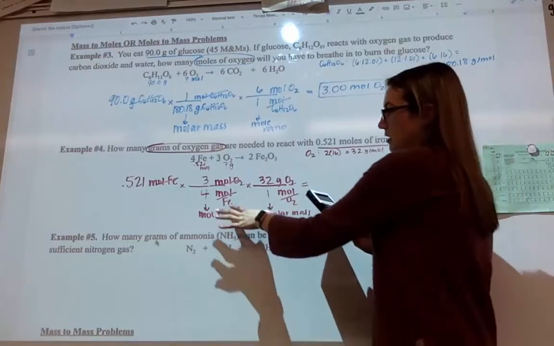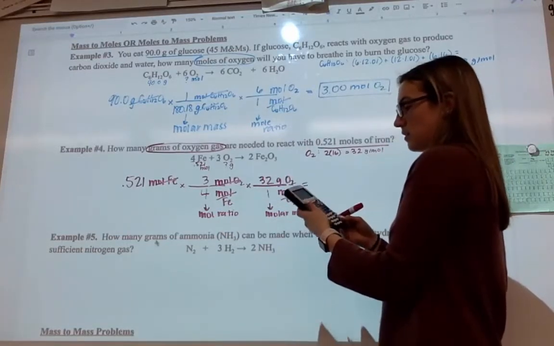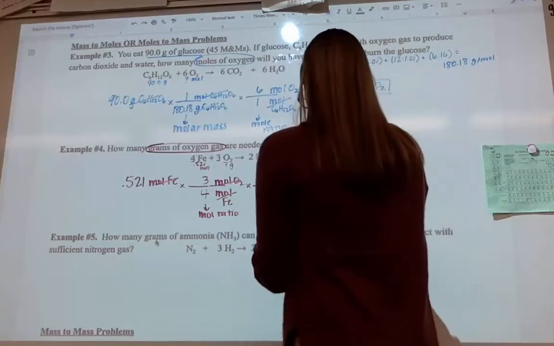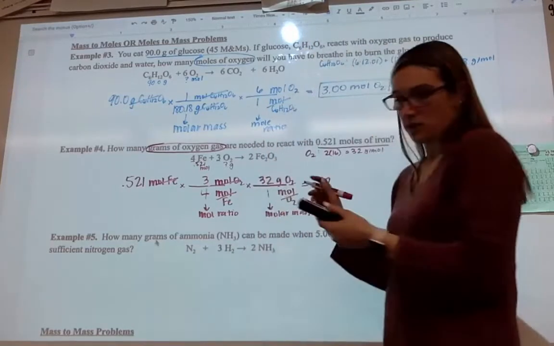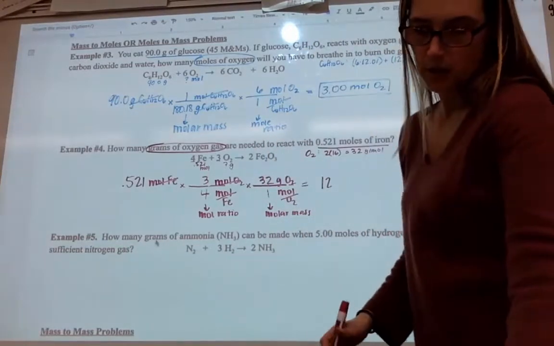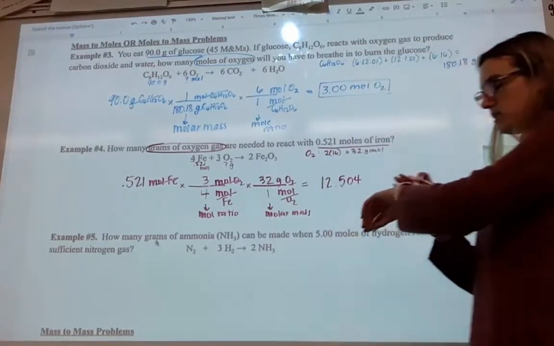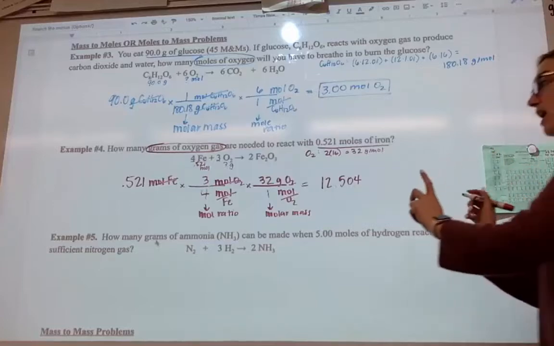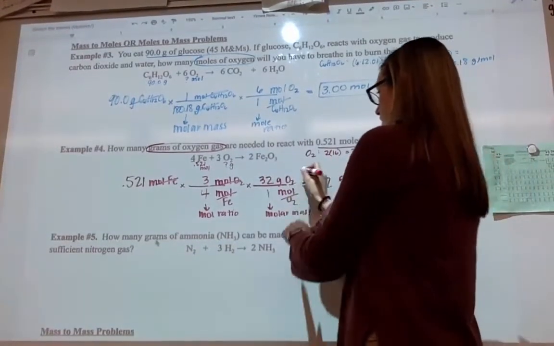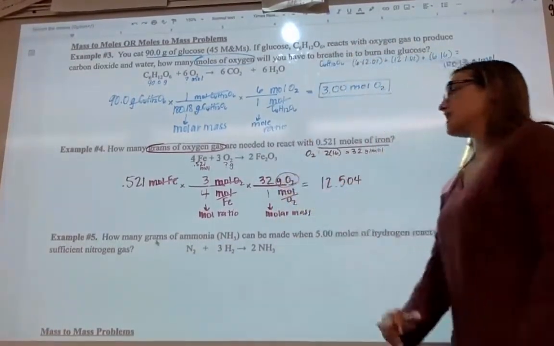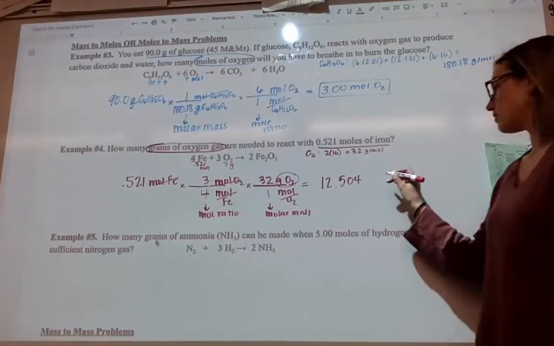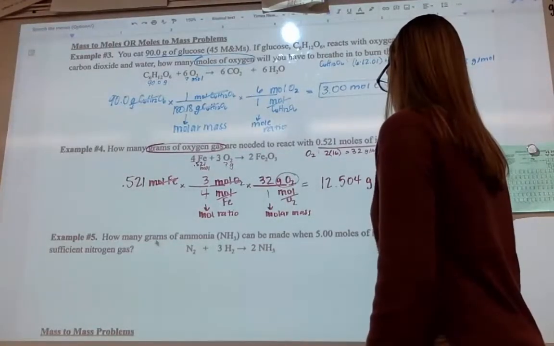We can ignore it. So really just divide it by 4. All right, and when you divide it by 4, you get 12.504. And again, make sure you have unit and substance. Whatever we didn't cross out, there's our unit. Grams of O2.